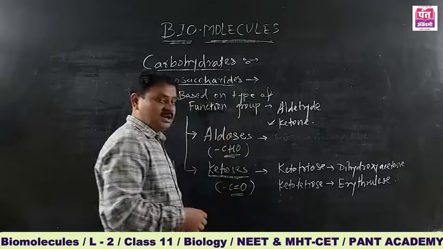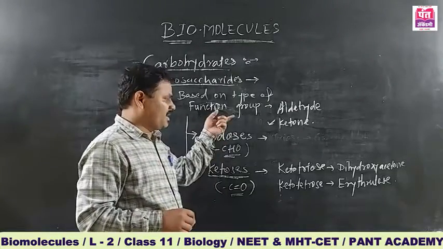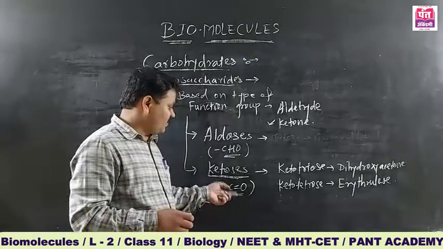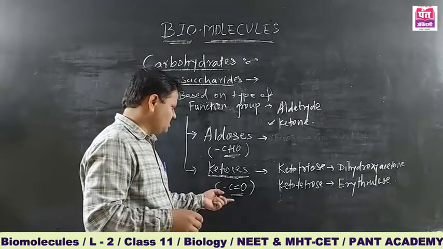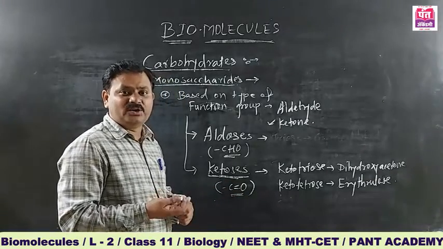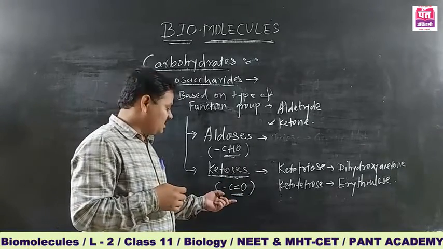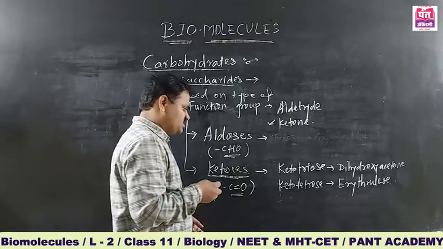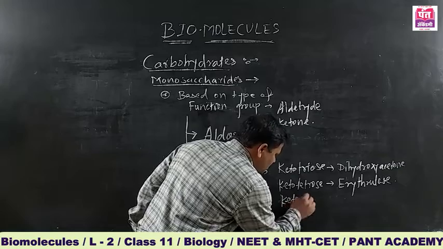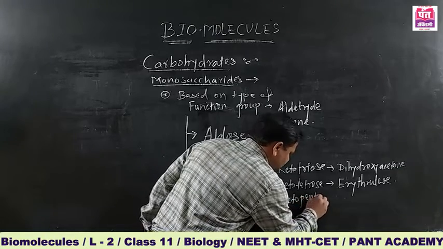If a 5-carbon monosugar is there and contains a ketone as a functional group, it is a pentose, and that pentose containing a ketone group is a ketopentose.